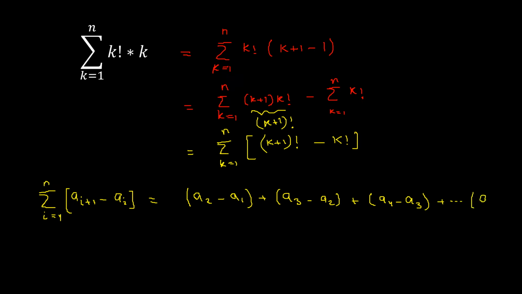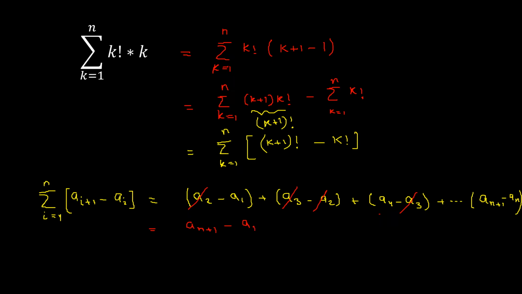In the last one it will be a(n plus 1) minus a(n). You can see that a2 is cancelled with a2 in the next term, similarly a3 is cancelled with a3, and all of the terms will be cancelled, and we are left with a(n plus 1) minus a1.